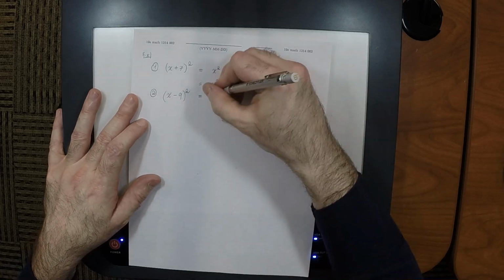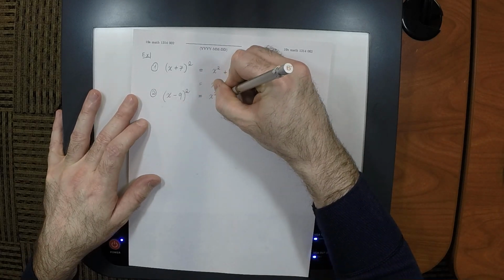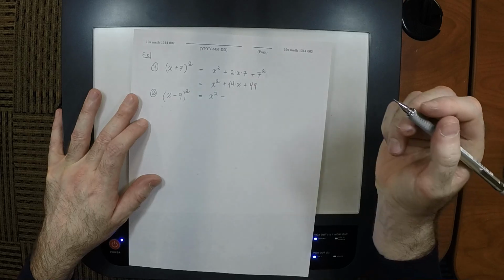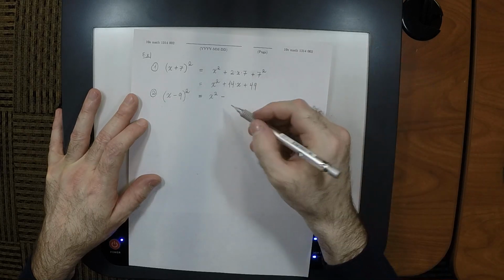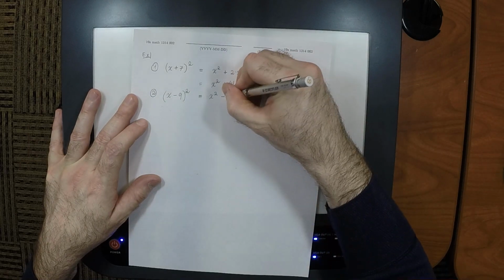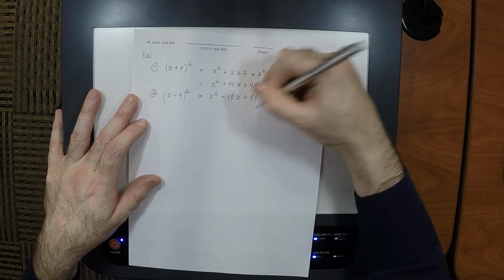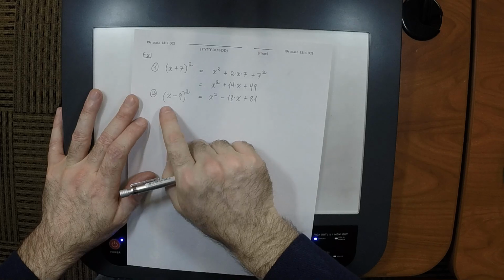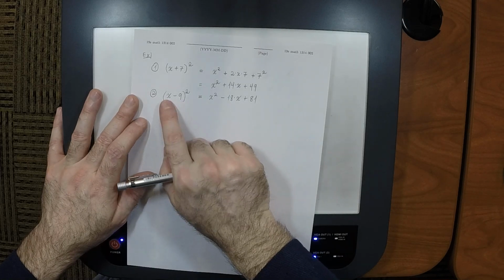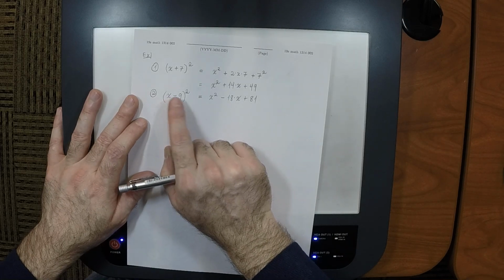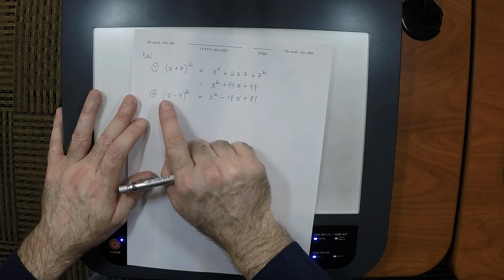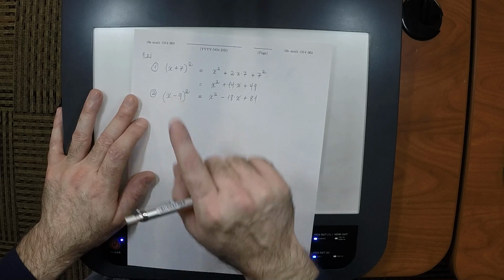All right, so then, x squared, and then subtract how much x? 18, right? And then plus 81. And in the FOIL sense, you could say, well, I'm going to subtract 9x, and then I'm going to subtract 9x again for the O term and the I term. All right?